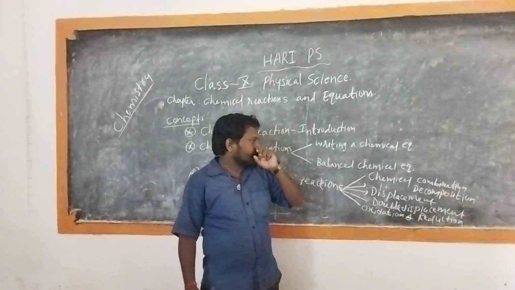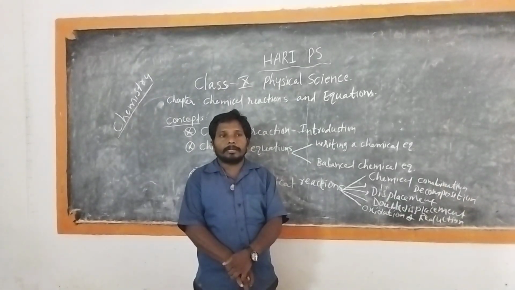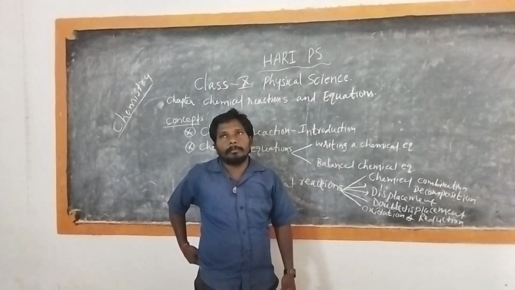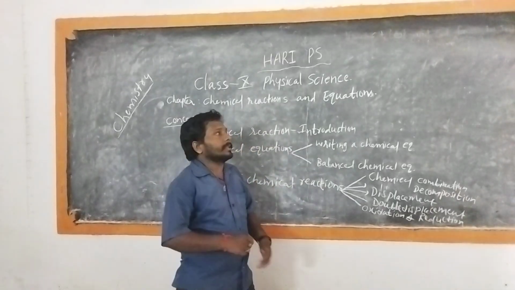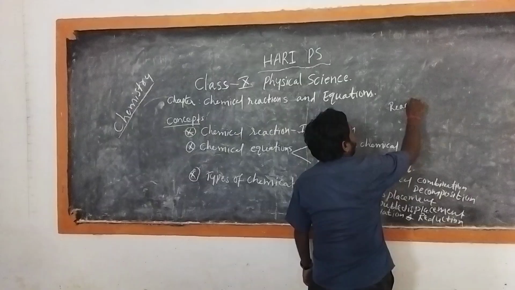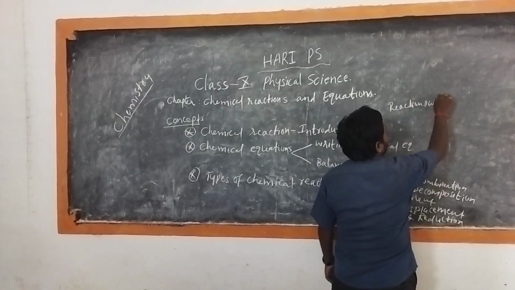Then displacement, which you already learned in class 8 in the chapter metals and non-metals. For understanding the reactivity series of various metals, you can take the topic of reaction with salts.